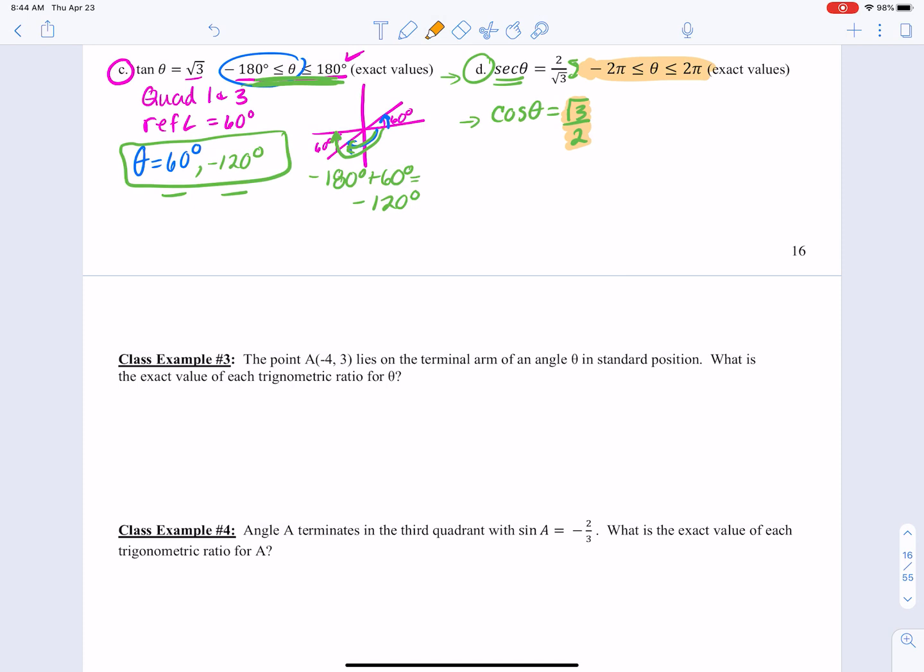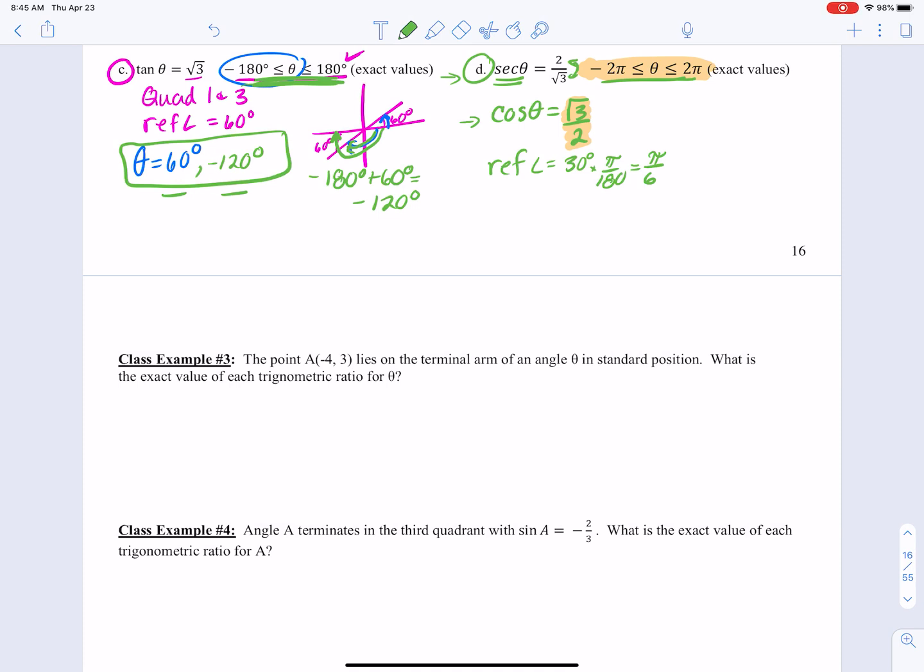But if you didn't notice that, we're going to go ahead and find the reference angle. And there's ways to do that in radians, but what I'm going to get you to do is find the reference angle in degrees. So second function cos root 3 over 2, and your reference angle is going to be 30 degrees. But we have to report the answer in radians, so I want you to go ahead and times that by pi over 180, and we end up with a reference angle of pi over 6.